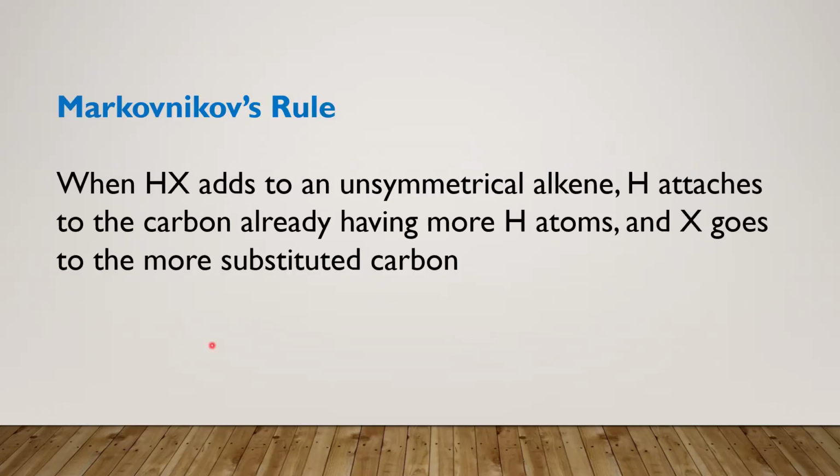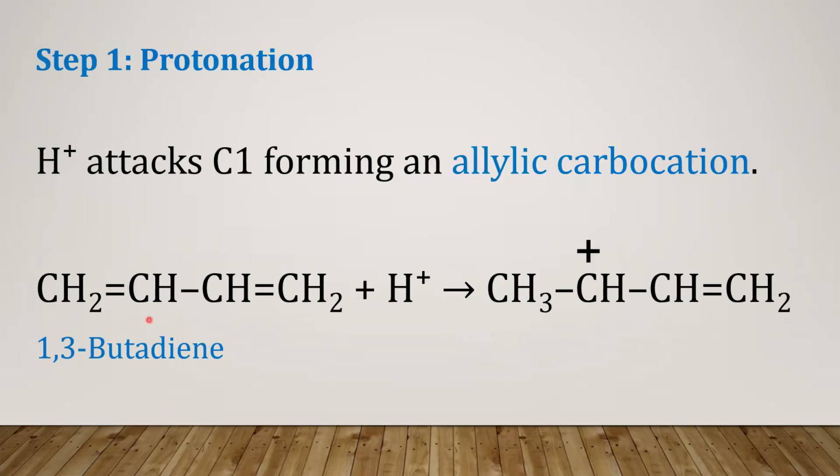by Markovnikov's rule. When hydrogen halide is added to an unsymmetrical alkene, the acidic hydrogen adds to the carbon which has more hydrogen atoms. This is Markovnikov's rule. Here, this C1 carbon has 2 hydrogen atoms and this C2 has only 1.